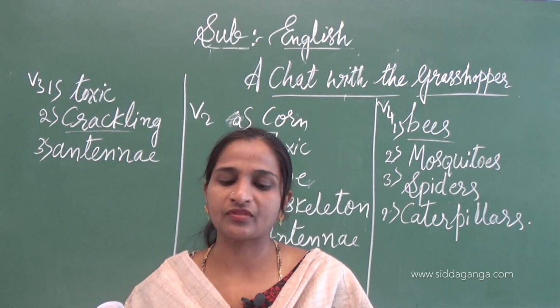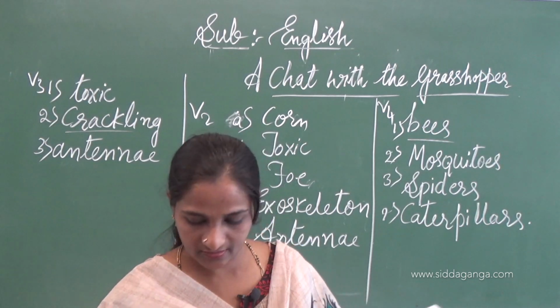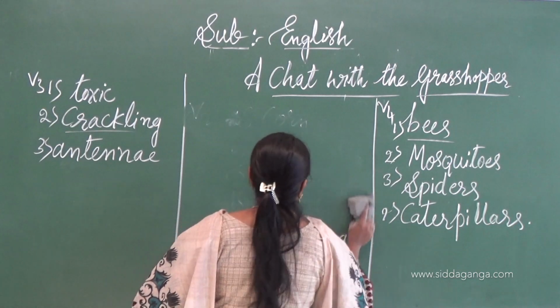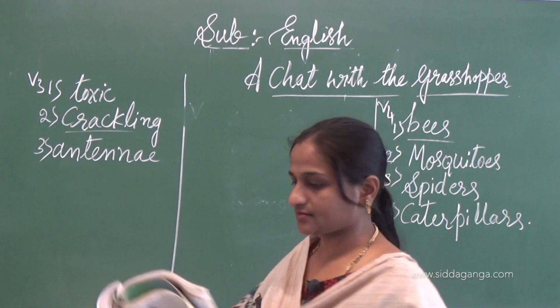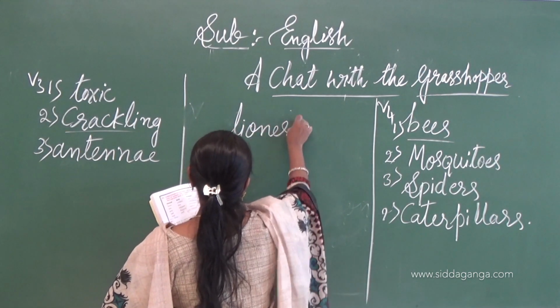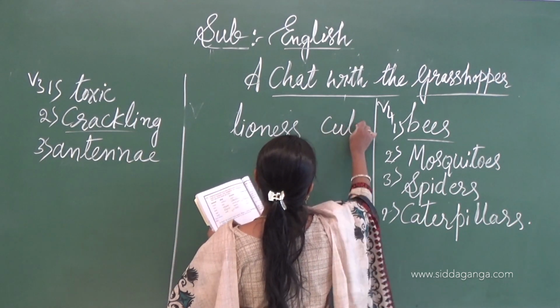So lion. That lion also, male, female is lioness. You have to write. Lioness. Next, cub. Young one is cub.